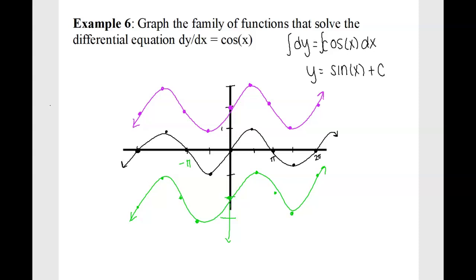And that's what these three graphs are saying. The middle graph in black is if c is 0. So that is the original sine x function. The purple graph and the green graph is if you shifted the sine function up or down.